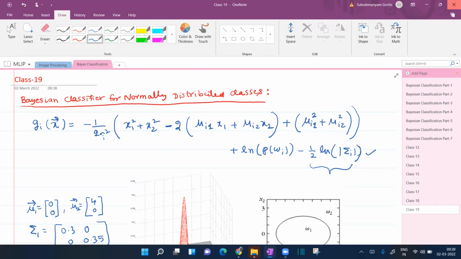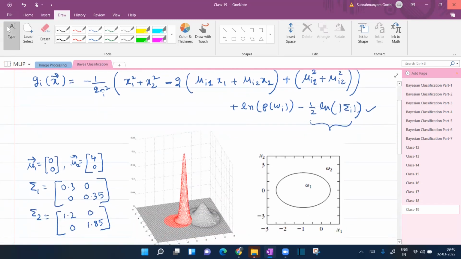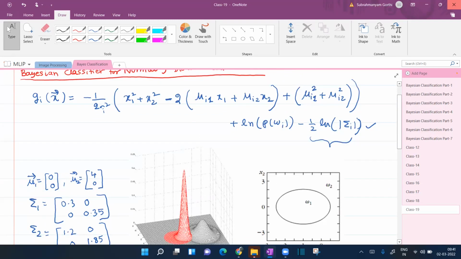Which is the variable that you are going to compute from that, when you make gi of x bar equal to gj of x bar to find out the decision plane? x1, x2. Correct. Now, can you tell me the locus of all points of x1 and x2 when gi of x bar equals gj of x bar? Do you think you could still get some ellipsoids, parabolas, and all those things? Only straight lines. Right. Correct.